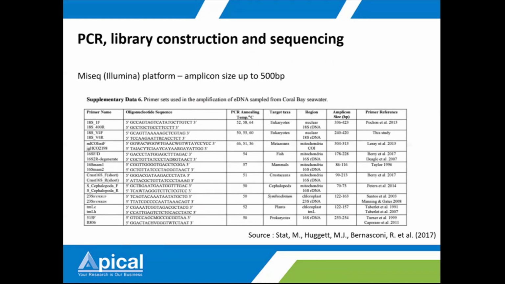In our company, we have an in-house MiSeq to run the sequencing. MiSeq can accept an amplicon size of up to 500 base pairs, so for example, an amplicon size up to 420, we can handle the sequencing of the eDNA. Okay, right. So always go back to the paper and see what primer and database they used for their study. That will be the best advice I can give you for eDNA studies.